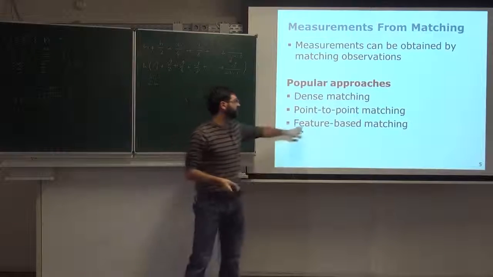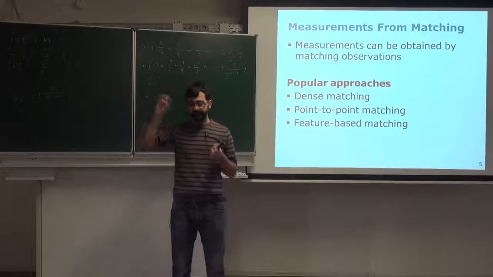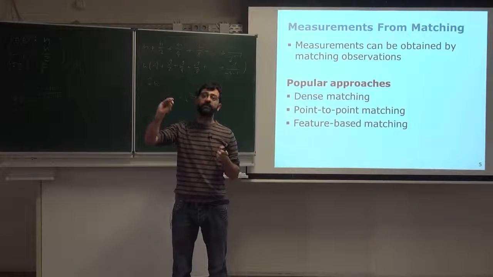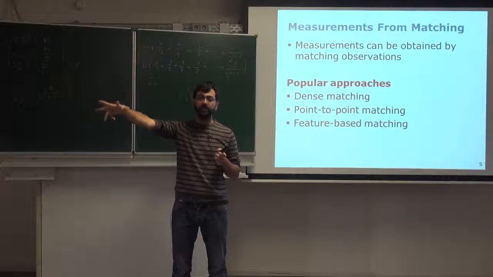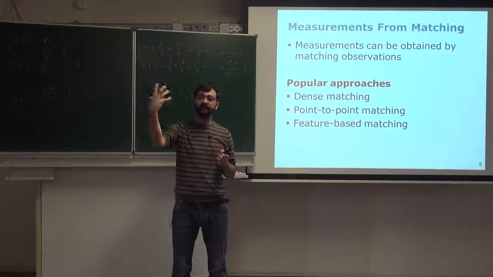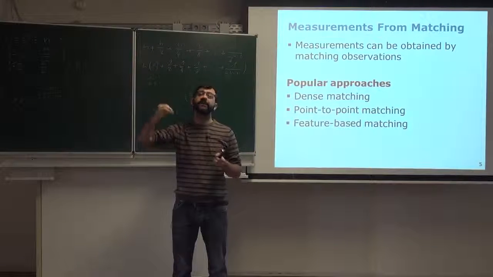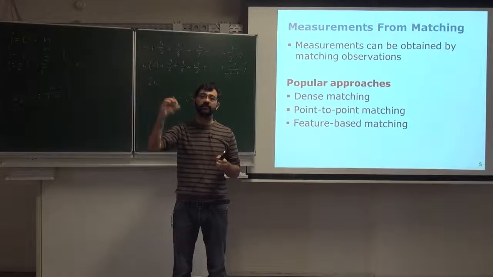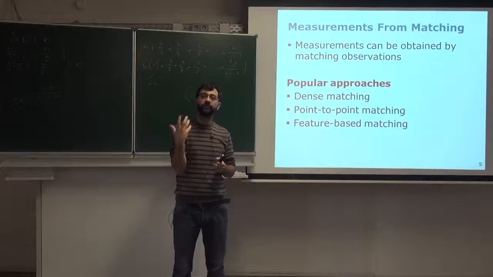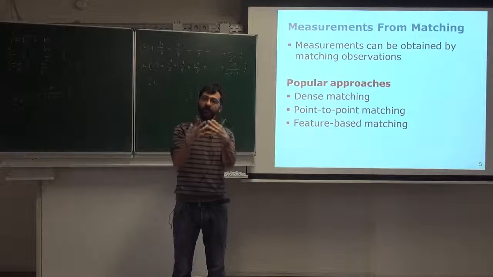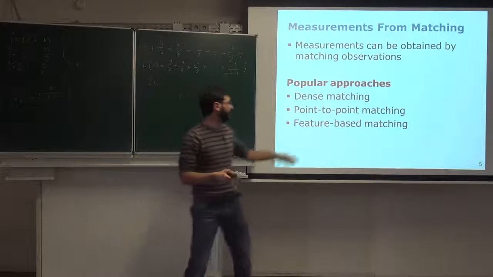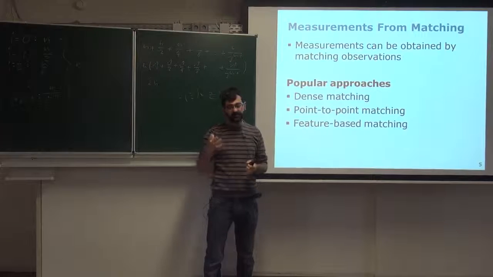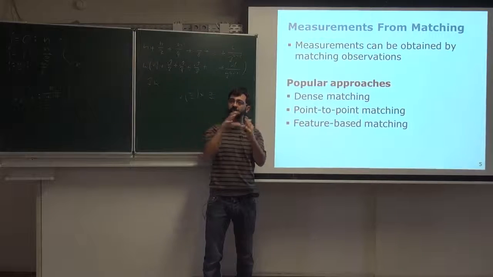When we talk about feature-based matching, we have some geometrical information, which could be a pixel, or xyz in the 3D world, plus some appearance information. That can be the color, a descriptor, or the curvature of the surface around the point, whatever you use to describe the local appearance of the point. The reason you want to use this is that you get better information to associate point with point.